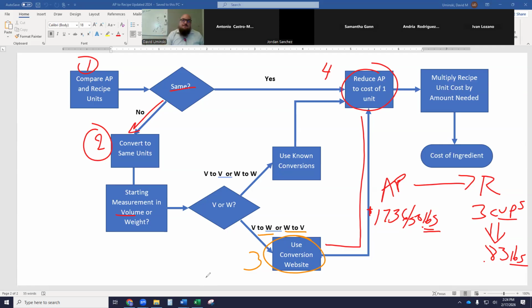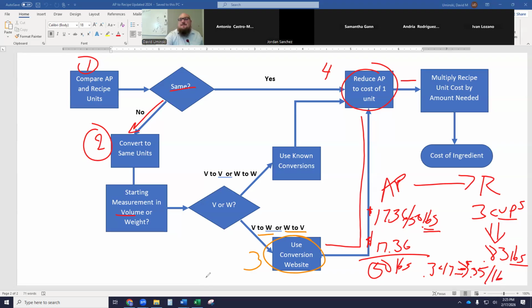So how do I do that? $17.36 divided by 50. Let's do that in our math. 0.347, which means that becomes what? 35 cents per pound.